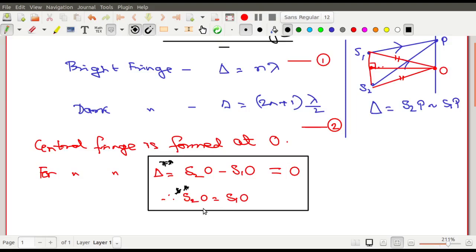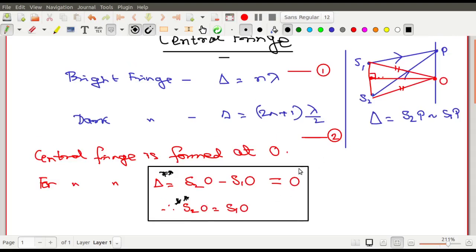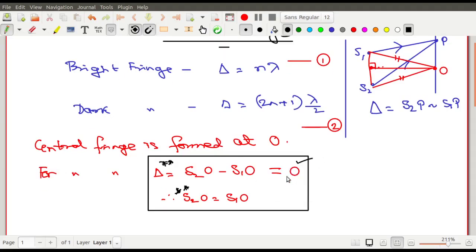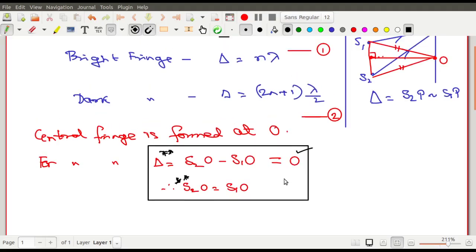The point on the screen for which the paths from both the sources are equal is known as the point of the central fringe, and for the central fringe you get this delta to be 0. Now, delta 0 is satisfied by which condition, 1 or 2?